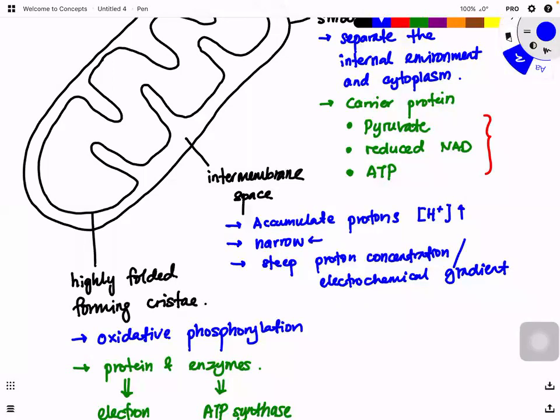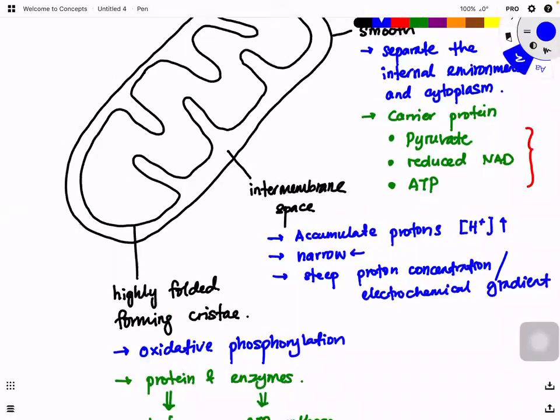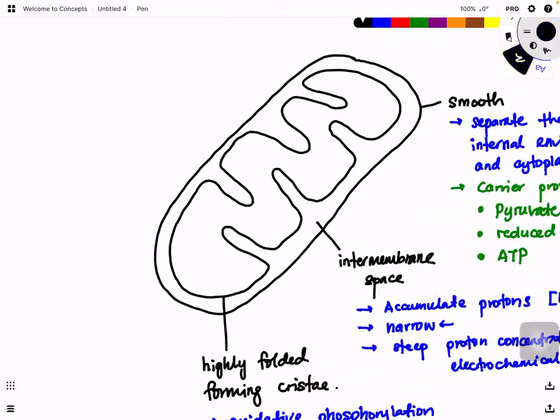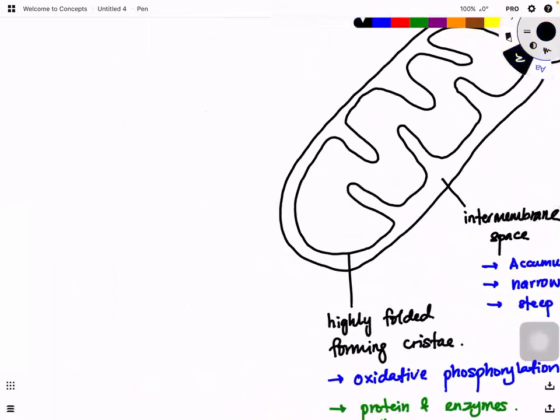Are you clear? Okay. So the last one we're going to look at here is the matrix. Now, the mitochondrial matrix has a lot of functions.